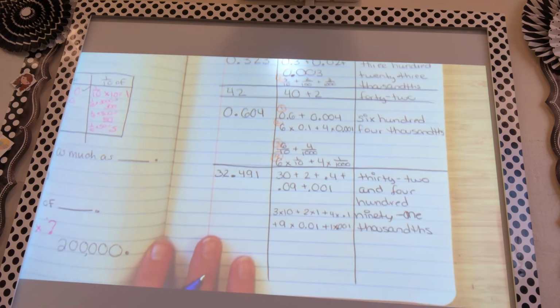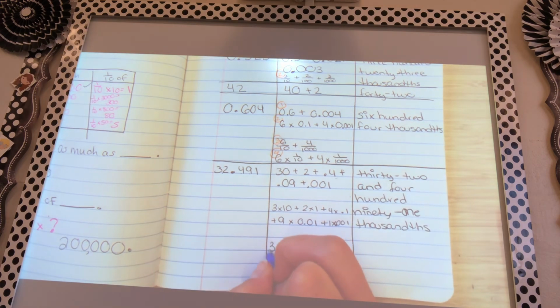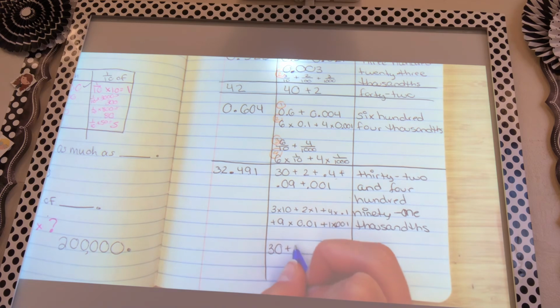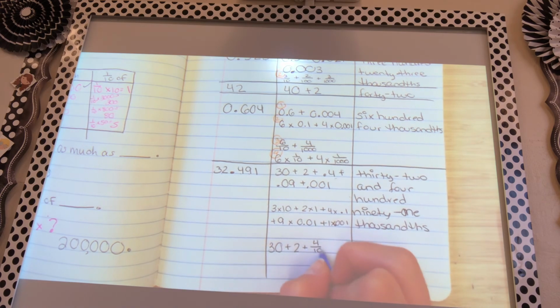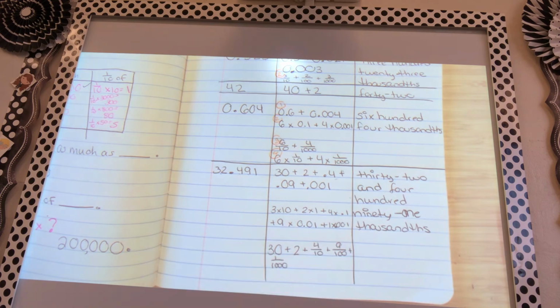And then my next way, I could write with my fractions. So I have 30 plus 2 plus 4/10 plus 9/100 plus 1/1000.